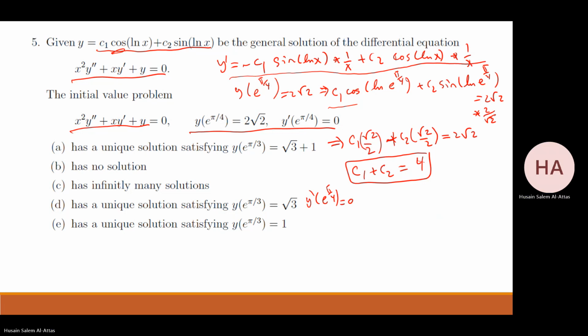Yeah, that will be a little bit complicated. Let me see. I have minus C1 sine ln e to the power, we know this, square root 2 over 2. We did it before.